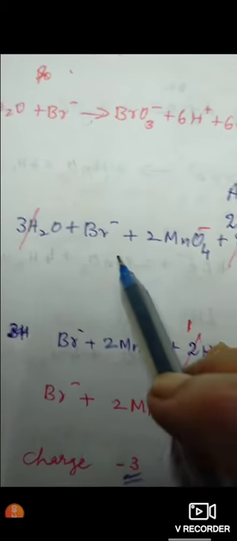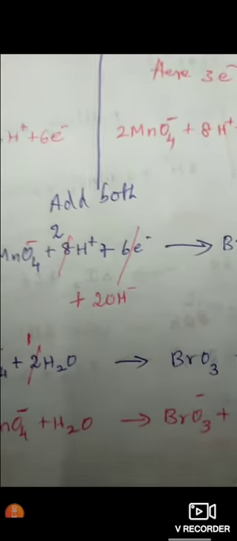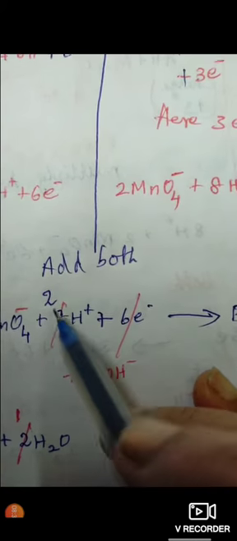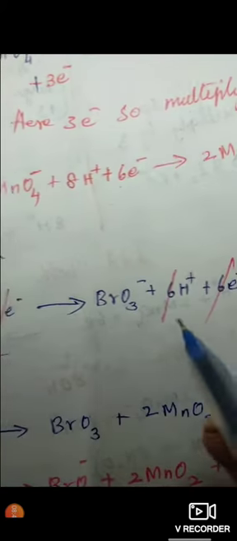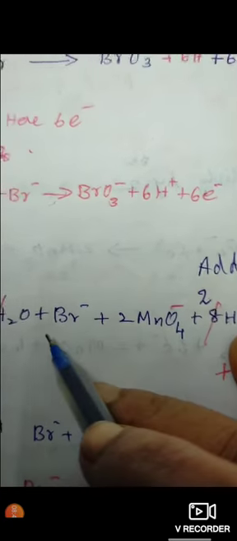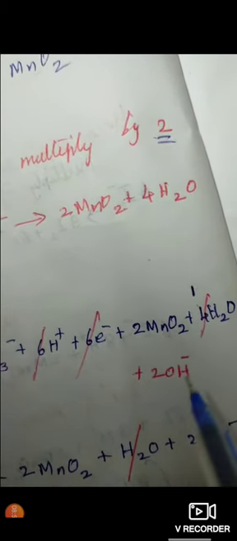Add both equations. 6 electrons will get cancelled. Here 6 H plus ions are there, here 8 H plus ions are there, so it will convert into 2 H plus. Here 3 H2O is there, here 4 H2O is there, so it will convert into 1 H2O.